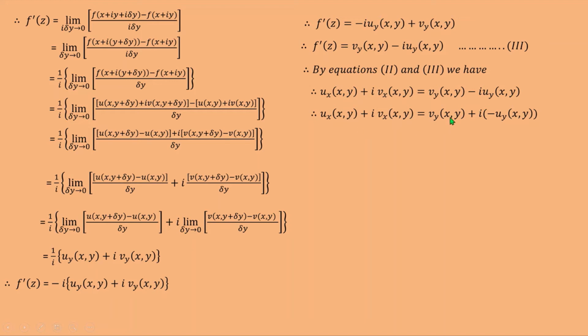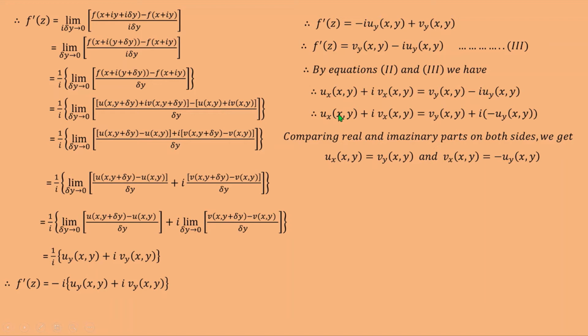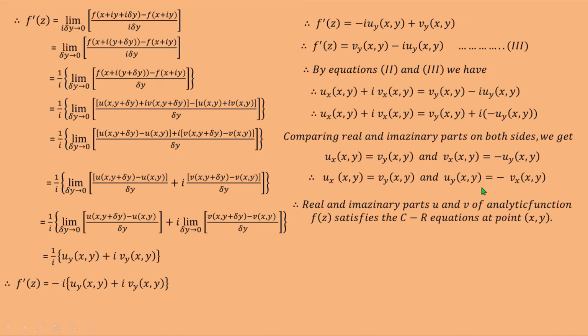Now comparing real parts and imaginary parts on both sides, we get u x of x comma y is equal to v y of x comma y, and v x of x comma y is equal to minus u y of x comma y. Transfer this minus sign to this side, and so we get u x is equal to v y and u y is equal to minus of v x. And therefore the real and imaginary parts u and v of that analytic function f of z satisfy the CR equations at the point x comma y.